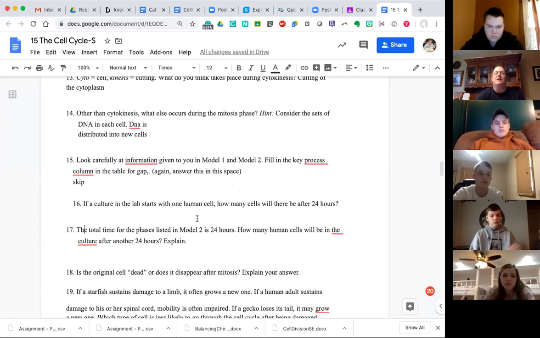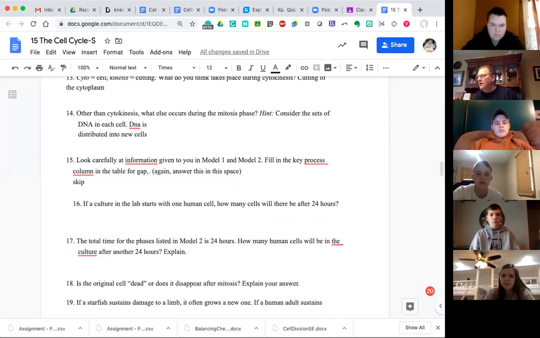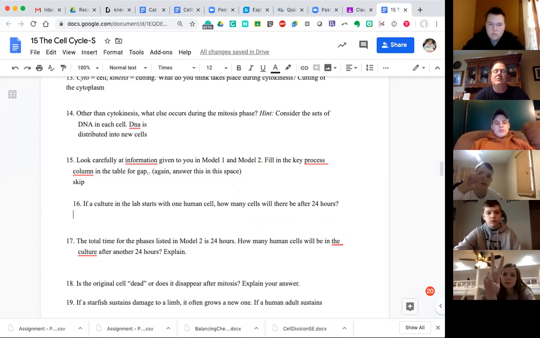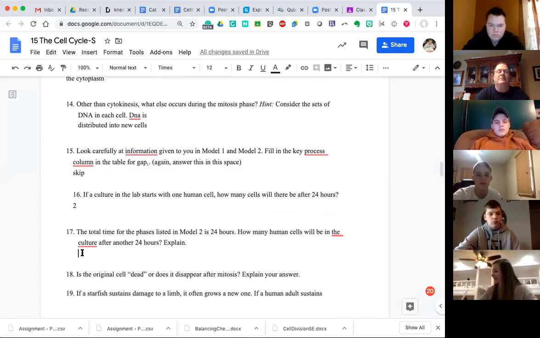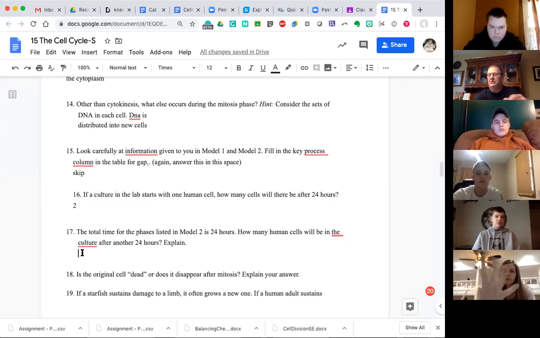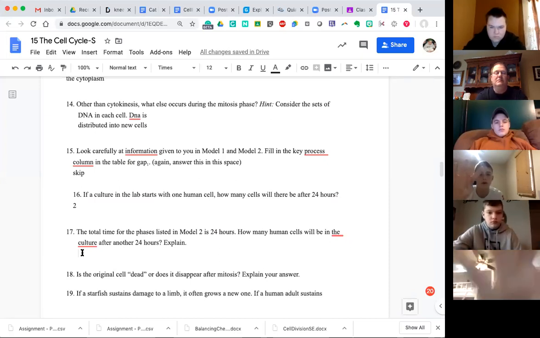Okay, 16. Okay, no one's right. If a culture in a lab starts with 1 human cell, how many cells would there be after 24 hours? 2. Okay, total time for the phases listed in Model 2 is 24 hours. How many human cells will be in the culture after another 24 hours? 4.